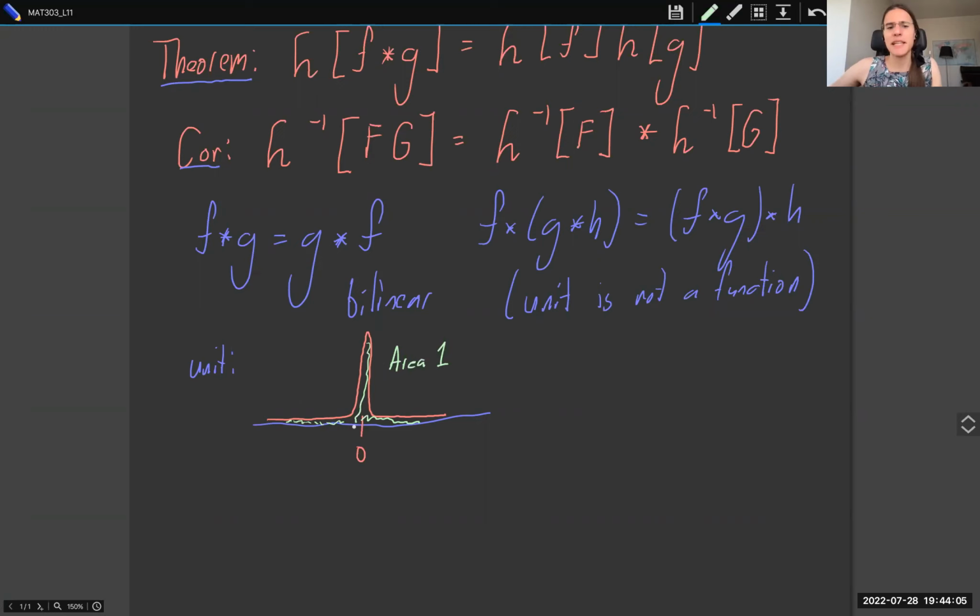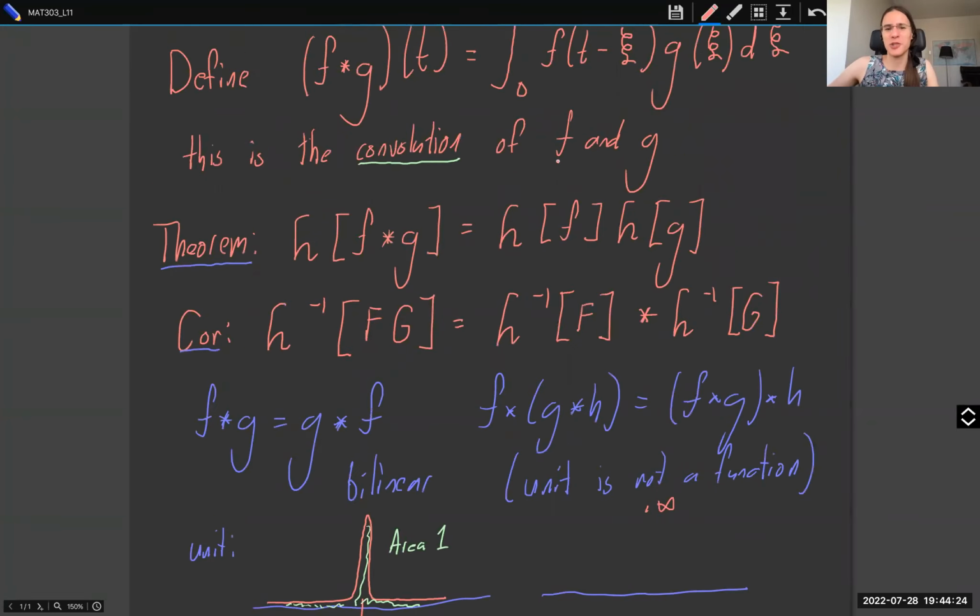Now take the limit as all of the area concentrates on one point. What the limit looks like is a function that's 0 everywhere, and then it's infinity here, but infinity in a way that the area under the curve is exactly 1 at this one point. And that's the convolutional identity.